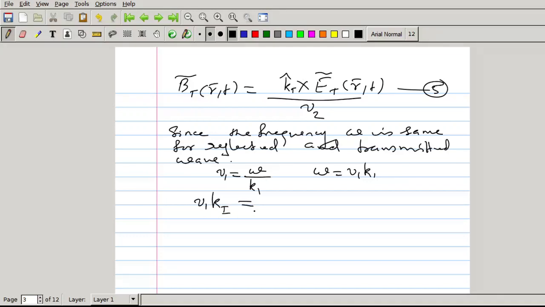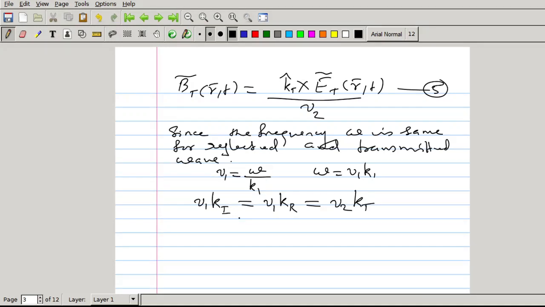That is equal to, for the reflected wave, the velocity is v1 only, v1 into the magnitude of the reflected wave vector k_r. So v1 k_i equals v1 k_r, which is equal to, for the transmitted wave whose velocity is v2, v2 into the magnitude of the transmitted wave vector k_t.